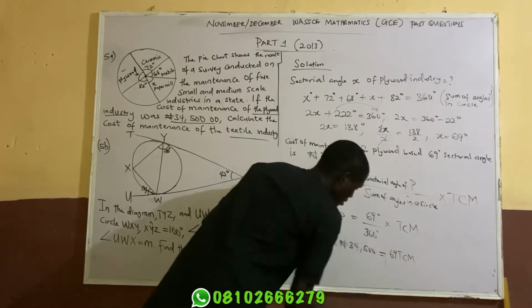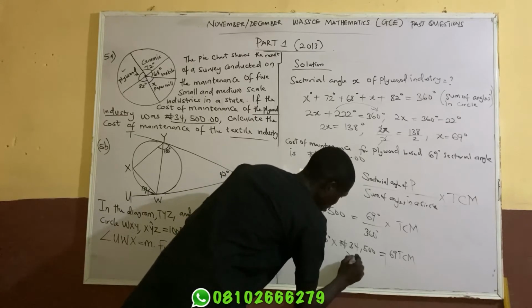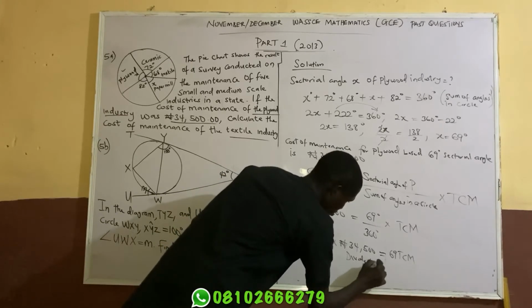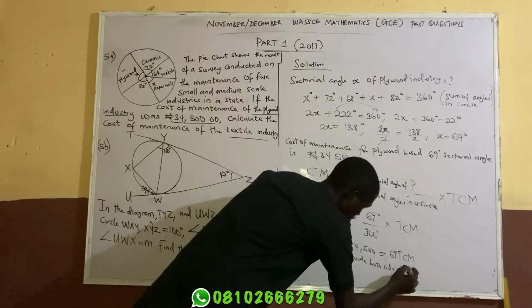So the variable is TCMP. The variable is multiplied by 69, so we divide both sides by 69.